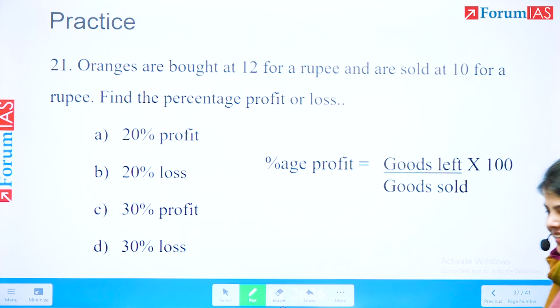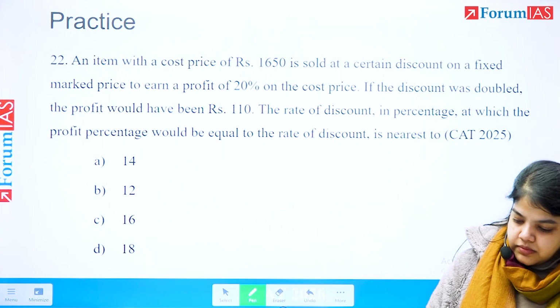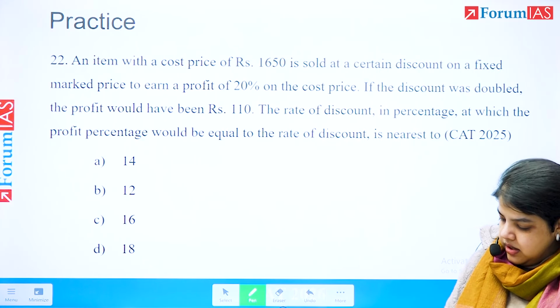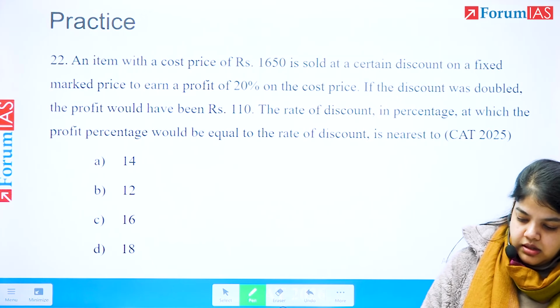Now, next question. Goods left upon goods sold into 100. An item with a cost price, slightly longer question. It will need your attention. Please be careful. Cost price $16.50.